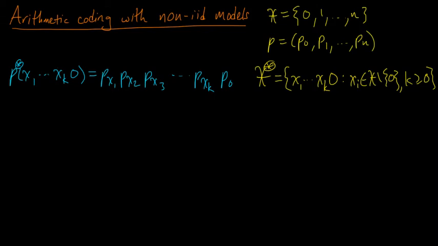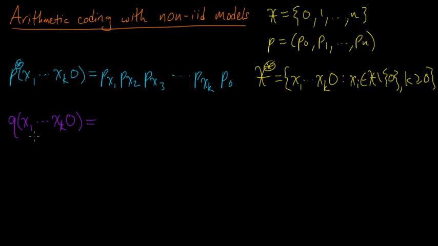So what can we do? Let's say we think that the source comes from some other distribution, Q. Maybe it's actually from Q, or maybe Q is just our model of the source. Q is going to be some more descriptive, more interesting model than this i.i.d. model.